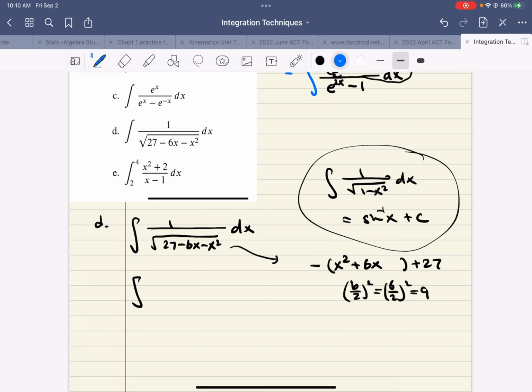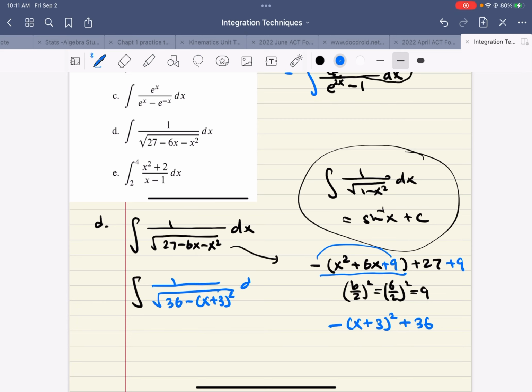So I'm gonna add the 9 here, but it's actually you subtract 9 basically, so you have to add the 9 outside. Okay, so then this one negative x 3 square and plus, that's 36. Okay, so I can rewrite this as 1 over square root of 36 minus x plus 3 square, okay, dx.